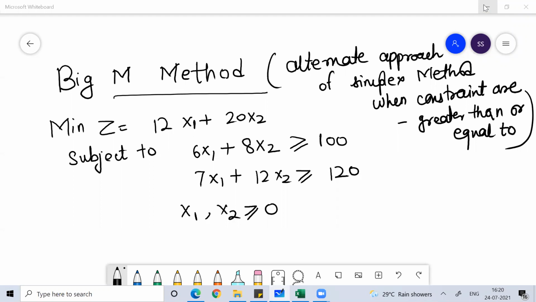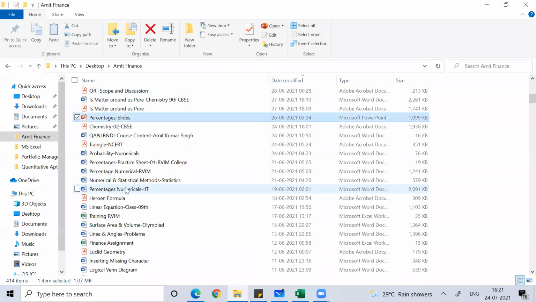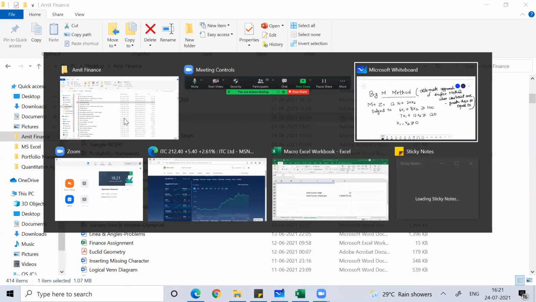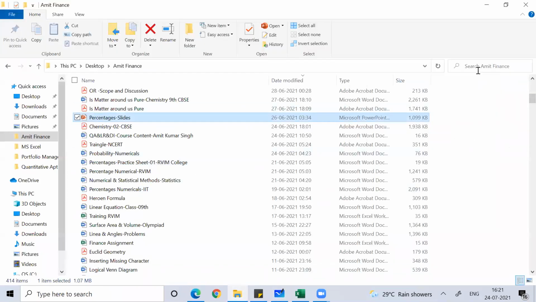So please follow this. Principal sir has done the LPP method with you. What has principal sir done for you? Principal sir has done the formation of the equation, and what I am doing is teaching you how to solve the equation.